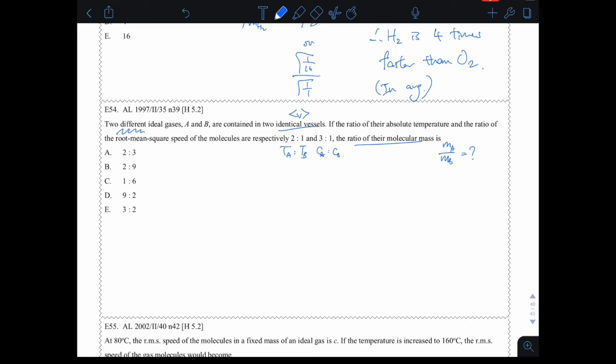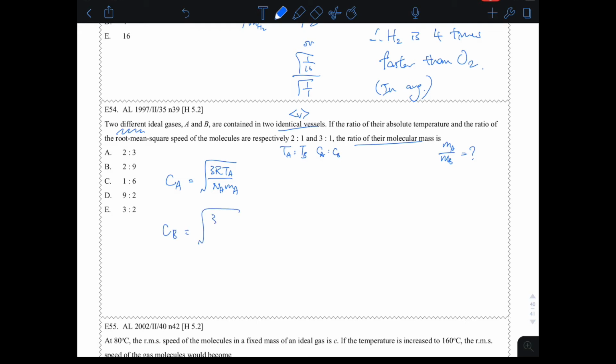Be careful, MA is not exactly the molecular mass. This is the mass of one molecule, but it is okay because this is just a ratio of the mass. This time I try to use the exact equation, like CA equals the square root of 3RT over NaM, and then we put in some A here.